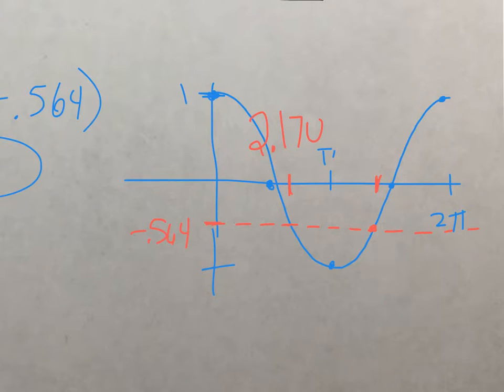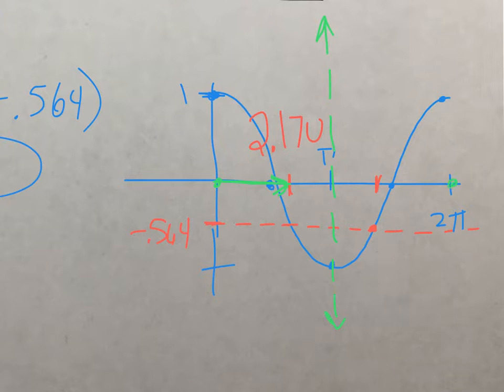So the question is, where is that point? What x value? So once again, we're going to turn to the symmetry. We can chop this right down the middle. And notice that from my start point, the point I want is 2.170 units to the right.